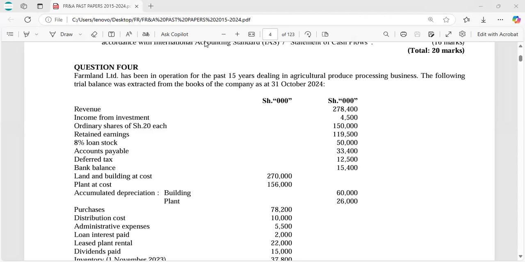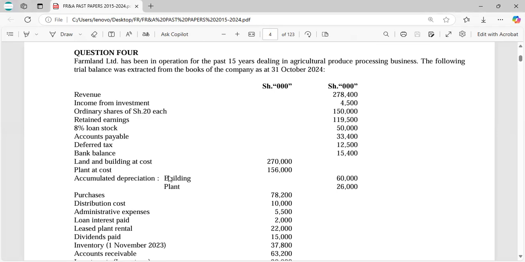So you can see we have various items: revenue, income from investments, ordinary shares, retained earnings, 8% loan stock, accounts payable, deferred tax, bank balance, land and buildings, plant at cost, accumulated depreciation for building and plant, purchases, distribution cost, administrative expenses, loan interest paid, leased plant rental, dividends paid, inventory.